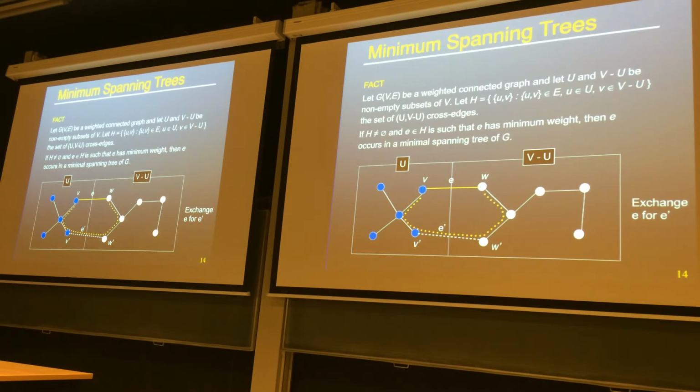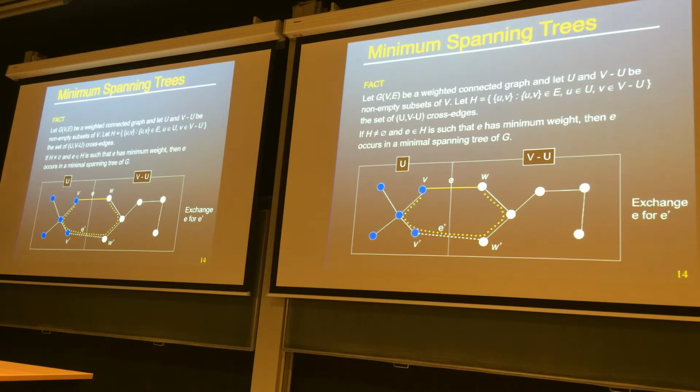So you can remove E prime from the resulting structure, you can include E, and since the cost of E is less than the cost of E prime, there is a smaller spanning tree than you had assumed. And that means that the spanning tree in which E prime occurred can't be a minimum spanning tree. So that's the reason.